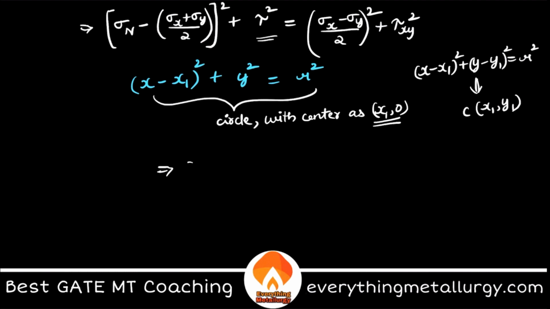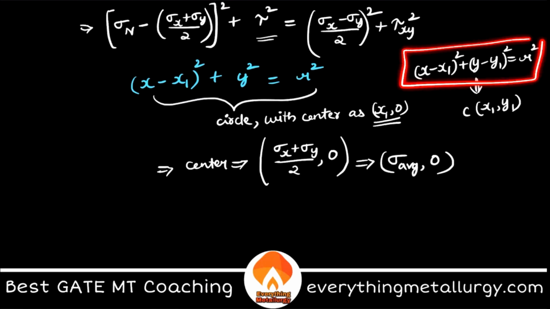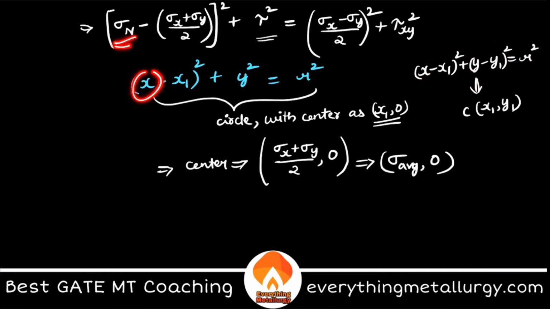So I can write the center of the Mohr circle as the average, sigma x plus sigma y by 2, comma 0. I can basically write sigma average comma 0. And if you see carefully, this circle lies in the xy coordinate space. Here, what is x? Sigma n. What is y? Tau.